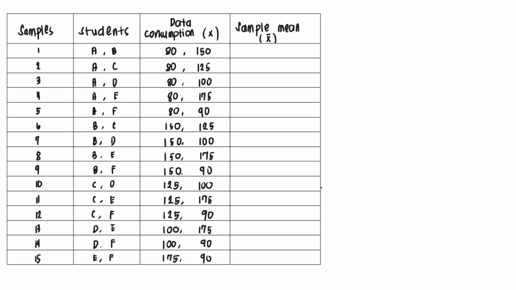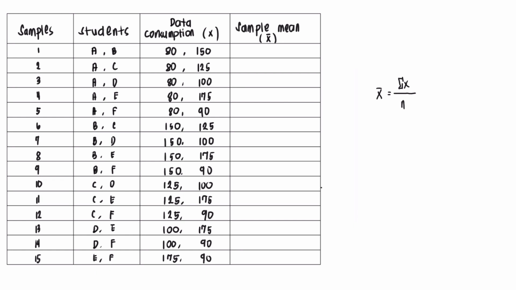Now these are the 15 possible samples of size 2 with the following sample means. To solve for the first row, we are going to use the formula of the sample mean, which is the summation of x over the sample size, which is 2.